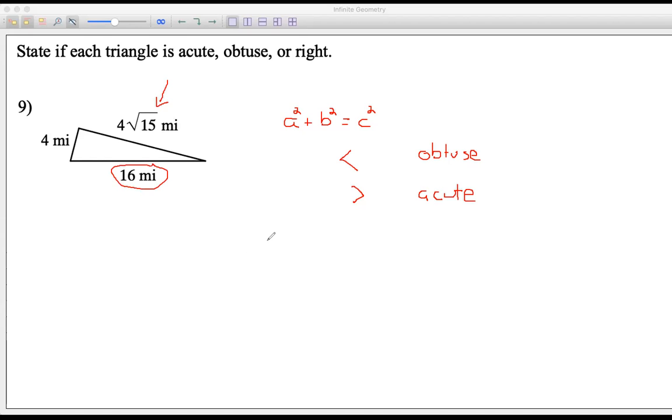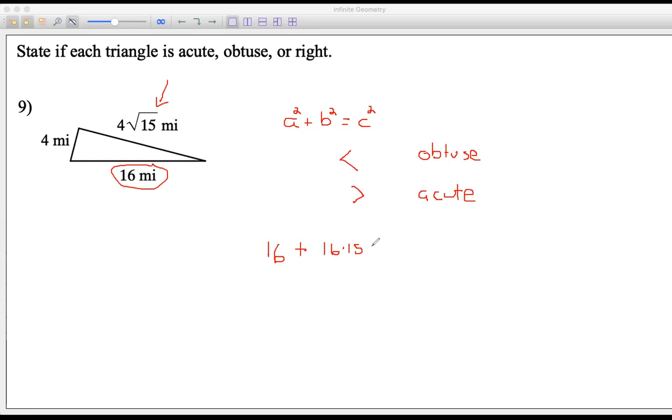4 squared is 16, plus, what's 4 root 15 squared? It's 16 times 15, whatever that is.